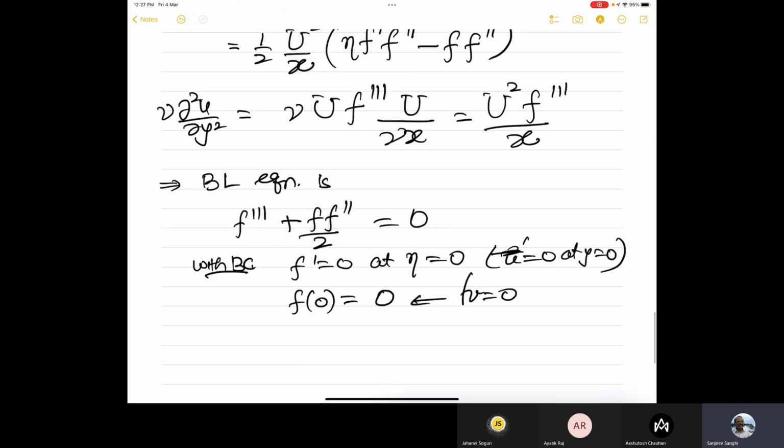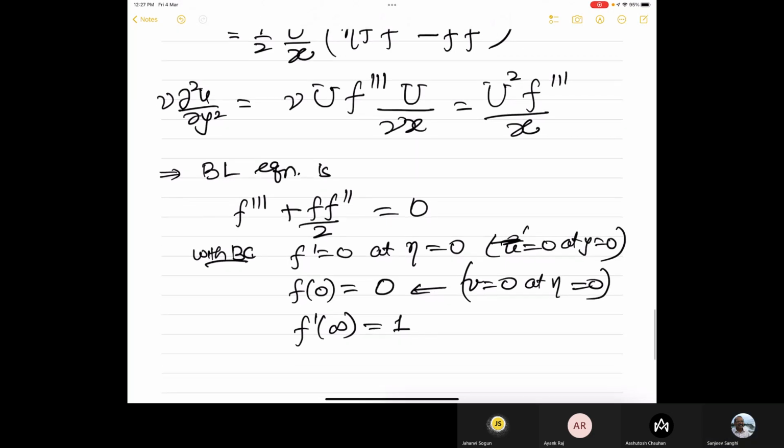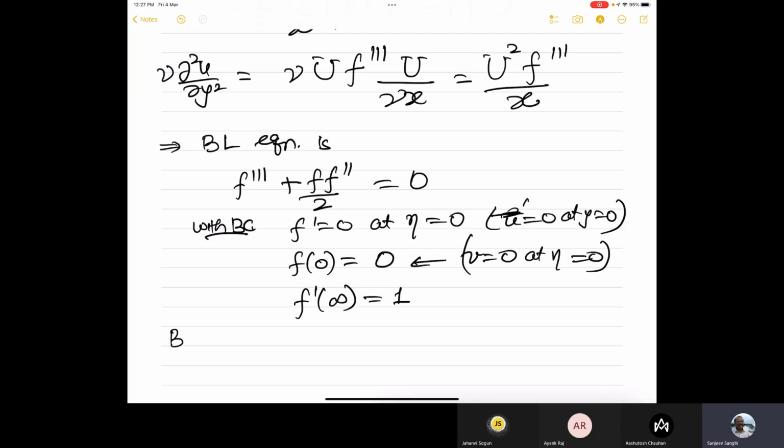This comes from v is equal to 0 at eta is equal to 0, and f prime infinity is equal to 1. So this is called the Blasius equation. That is f triple prime plus f f double prime by 2 is equal to 0 with the above boundary conditions.